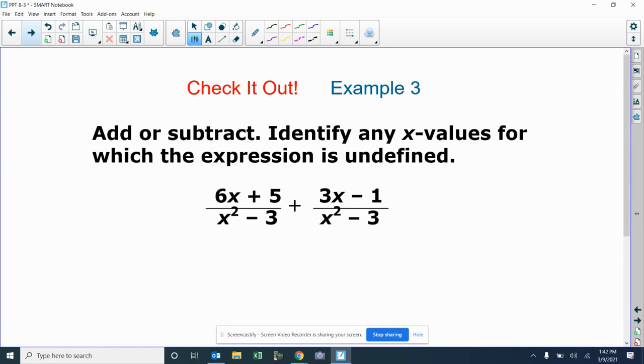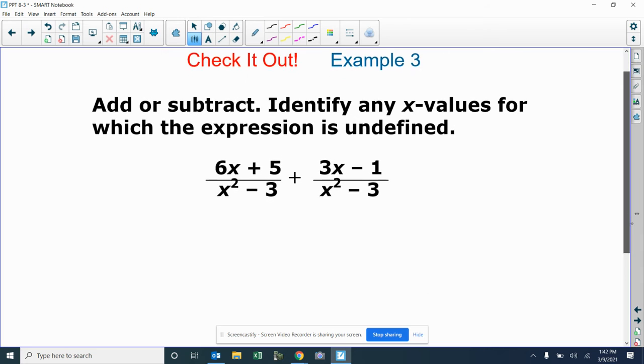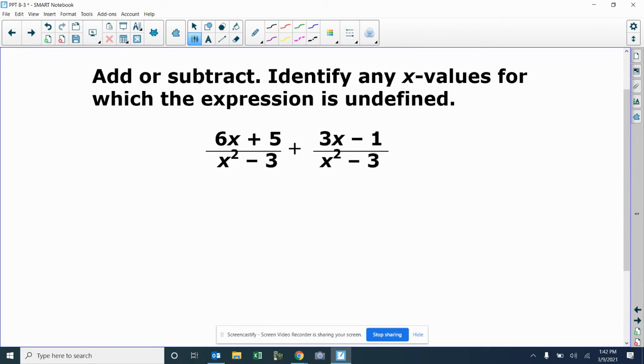See what you can do with this one. We really have the same denominator again. This becomes really quite simple. x squared minus 3 down here.